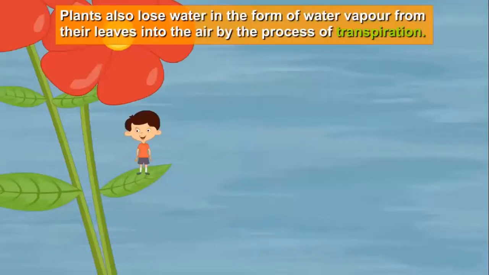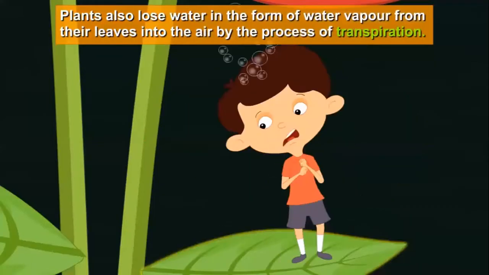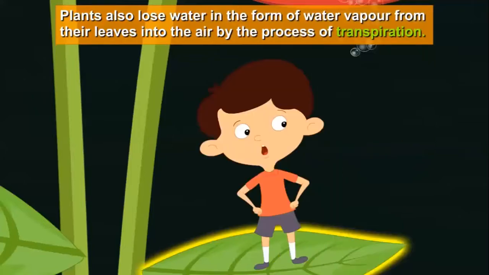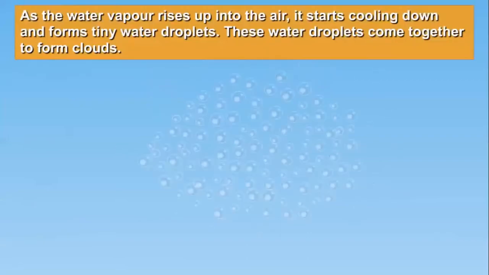Plants also lose water in the form of water vapor from their leaves into the air by the process of transpiration. As the water vapor rises up into the air, second step it we call starts it cooling down condensation.